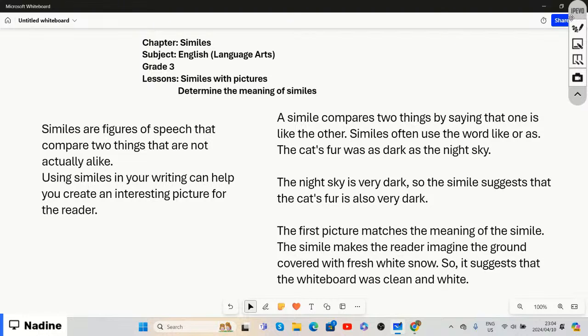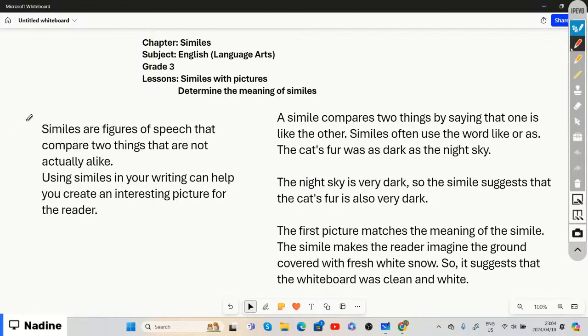All right. So similes, right? They are figures of speech that compare two things that are not actually alike.